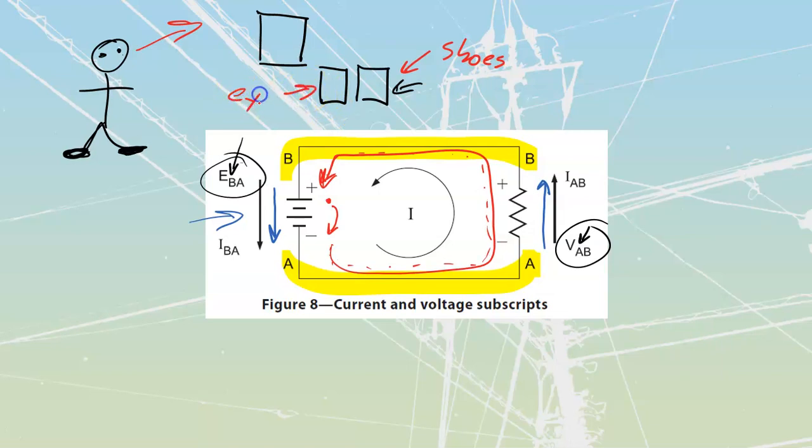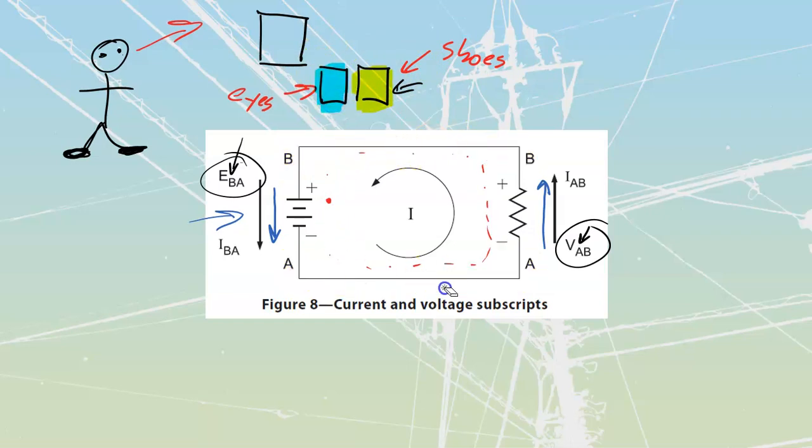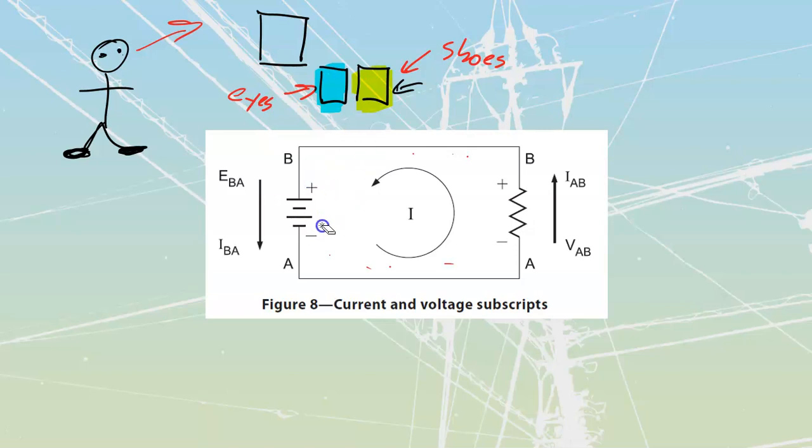We'll call that thing the eyes. So if I wanted to define my subscript notation, it is always defined as where I'm standing in the circuit to where I am looking inside of that circuit. I'm going to erase a whole pile of that. We're going to use those highlighted boxes to do where am I standing and where am I looking and what is my value going to be.